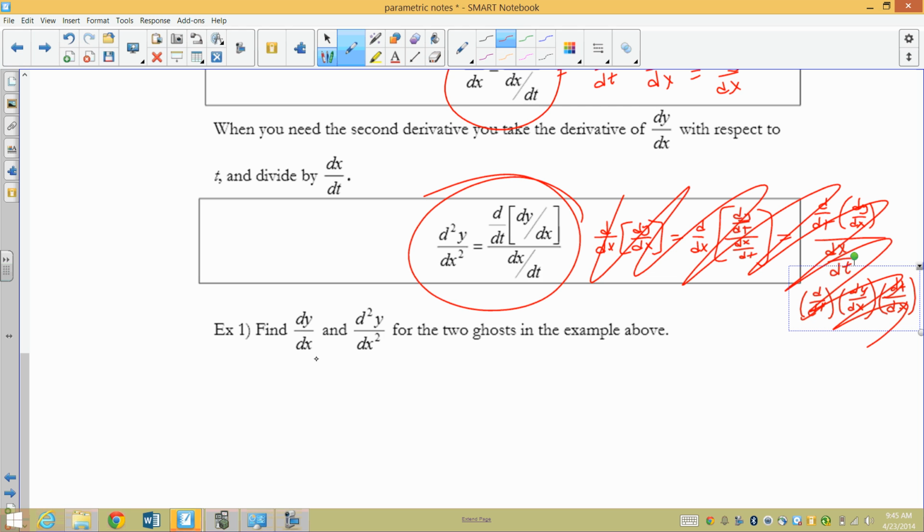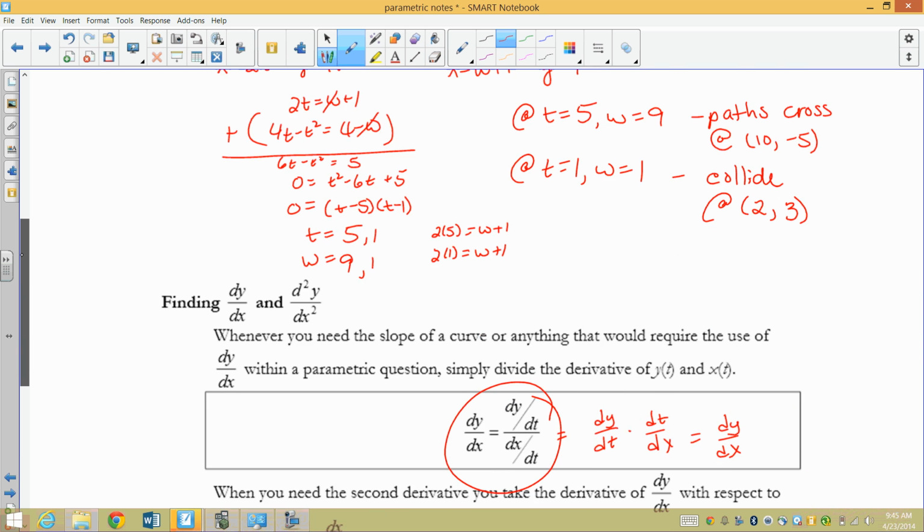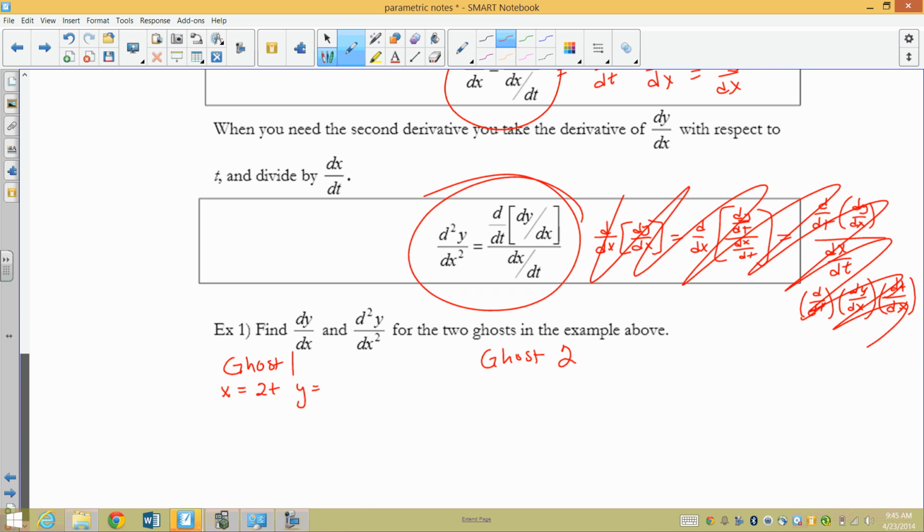So if we want to find dy/dx and d2y over dx squared, the second derivative, for the two ghosts in the example above, ghost number 1 was x equals 2t, y equals 4t minus t squared.